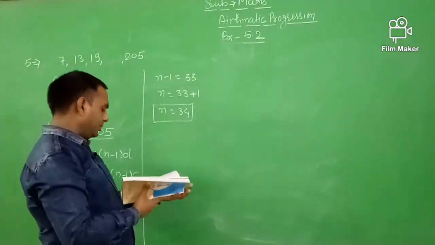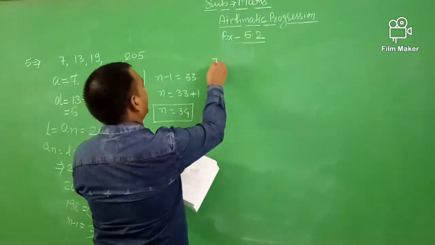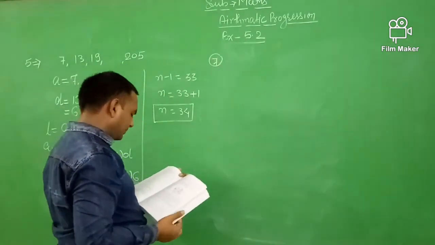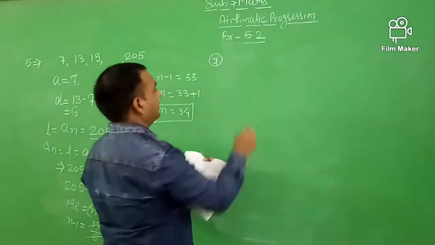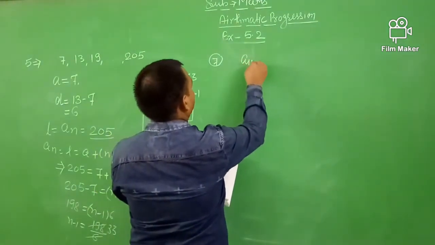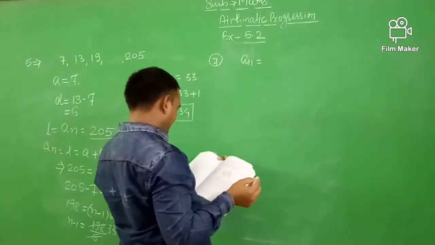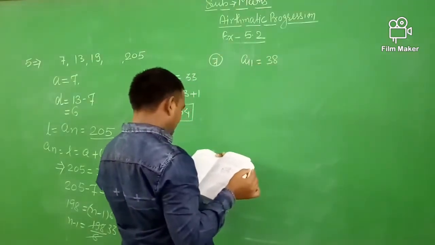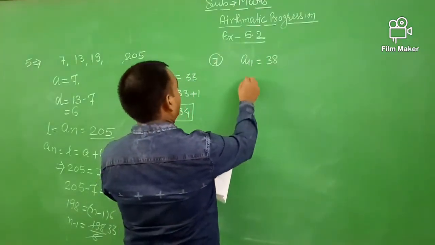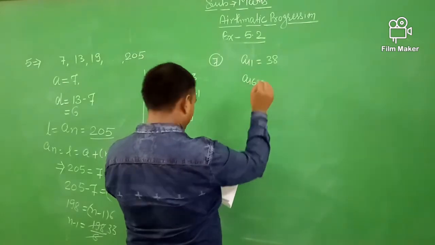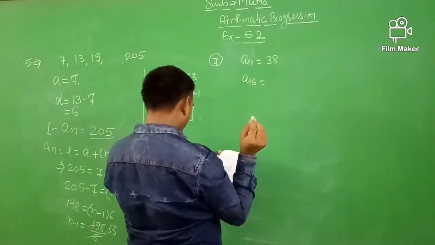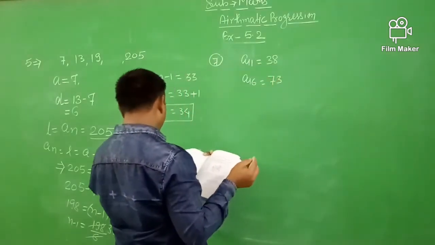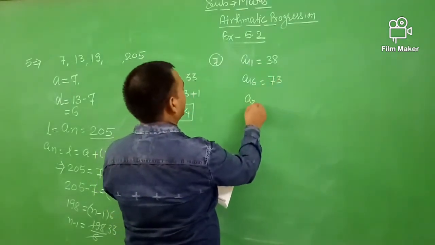Question number 7, I repeat: find the 31st term of the AP whose 11th term, it means a11, is given as 38, and the 16th term, a16, is given, it is equal to 73. Then you find the 31st term, it means a31.